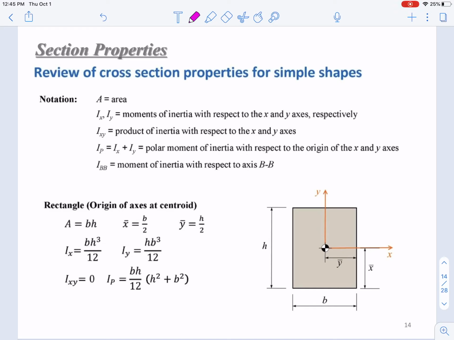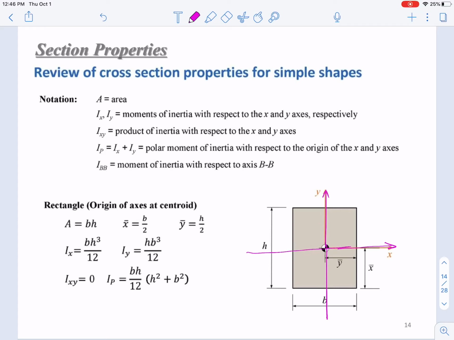For a rectangle, as shown here, the A is very simple: A equals BH. And for Ix, the x axis is in this direction, going through the centroid, and y here also goes through the centroid.